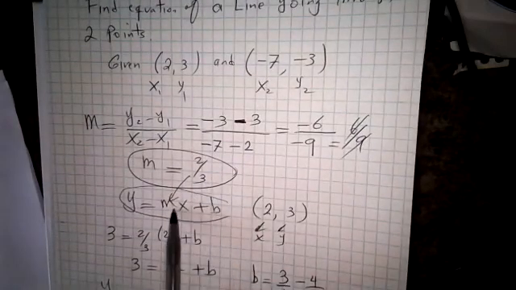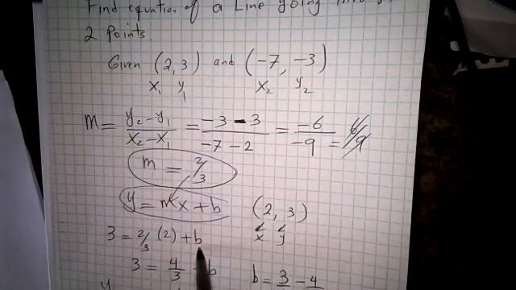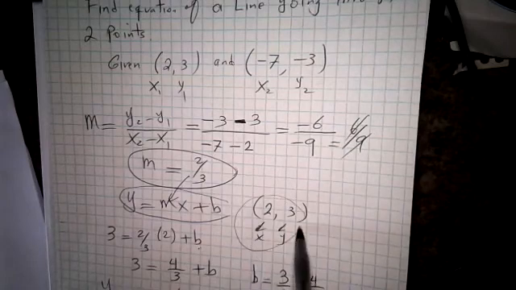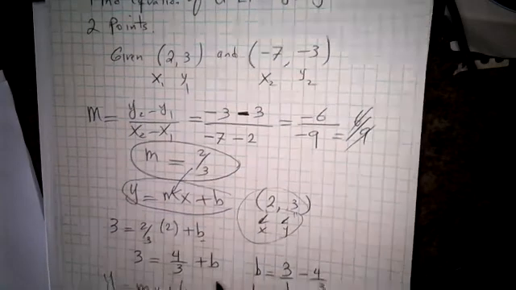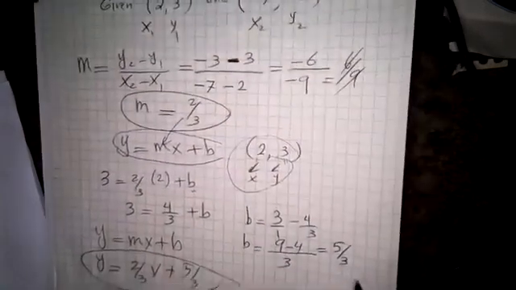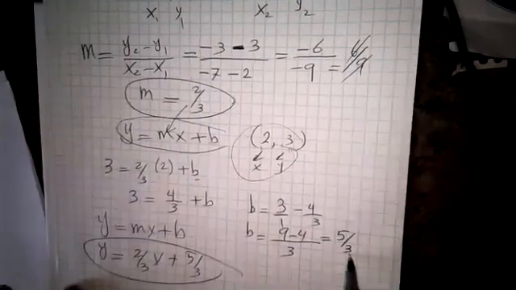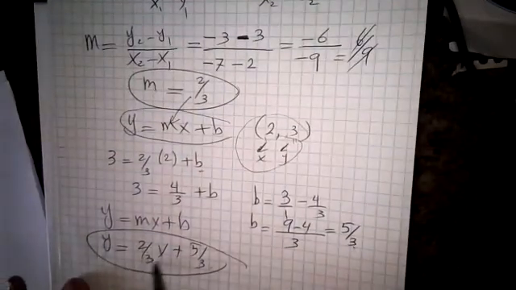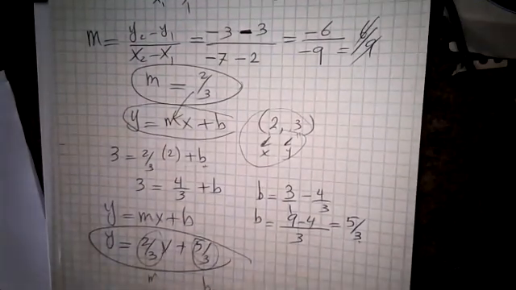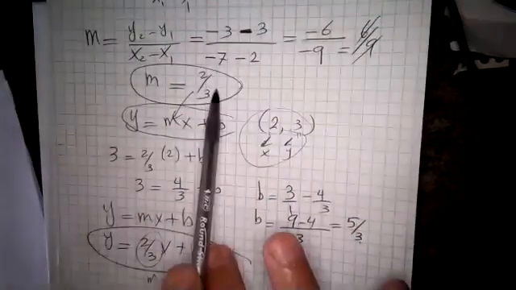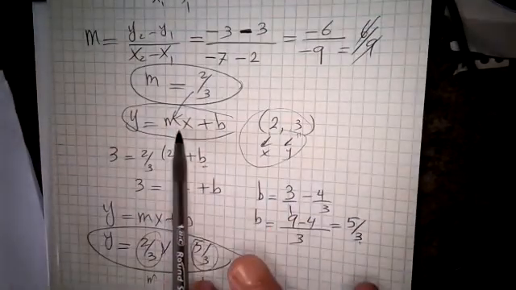You take that and put it here, but b is unknown. To find b, take one of the points, the point given, (2, 3), and put that into this equation. That gives you the value of b. Then you can put that back here. You have m, you have b, to find the equation.